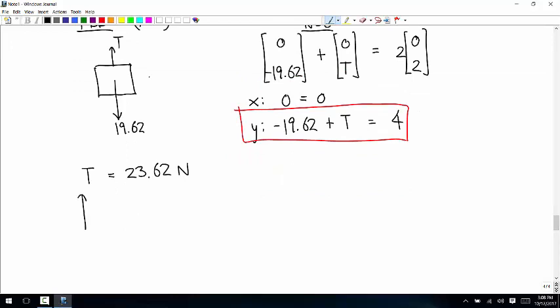So it's an upward force of 23.62 newtons, or if you plug that value into the vector, its components are 0, positive 23.62. So having that elevator accelerate upwards makes that cable tension bigger. It puts a bigger requirement on the strength of the cable, bigger requirement on the strength of the ceiling, that kind of stuff.